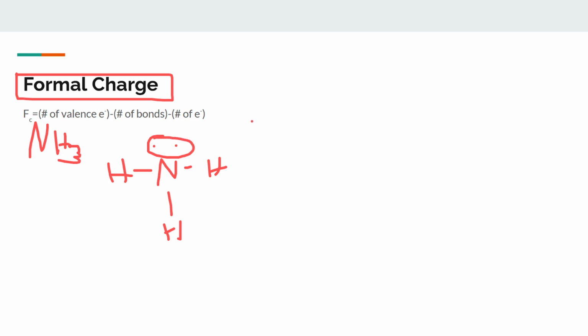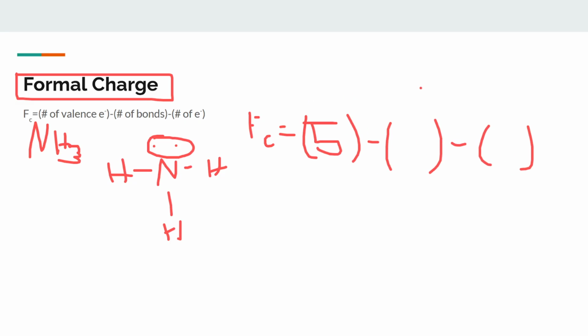So the formal charge is equal to the number of valence electrons. If we look at our periodic table, we can see that nitrogen has 5 valence electrons. Then we'll minus the number of bonds and minus the number of electrons. So we have 1, 2, 3 bonds, and we have 1, 2 electrons.